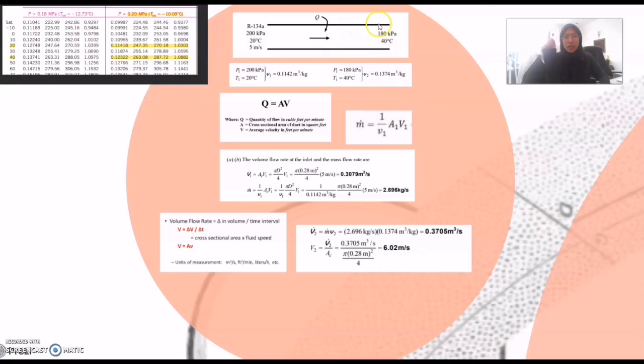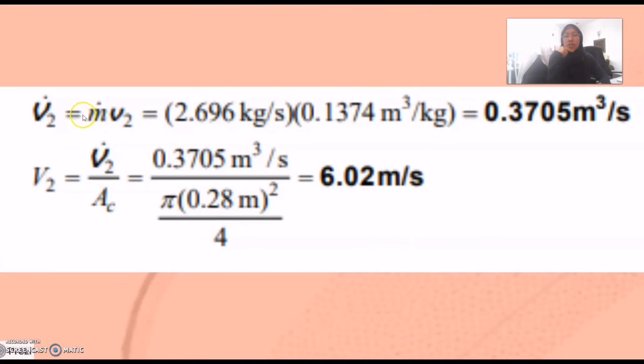And the final question asks about the velocity at the outlet. First we identify the volume flow rate at the outlet. From the volume flow rate, we can use this formula to find the final velocity at the outlet. Volume flow rate is also m dot times specific volume at the outlet, v2, because we want to find the volume flow rate at the outlet.